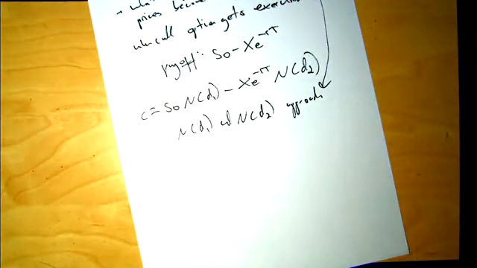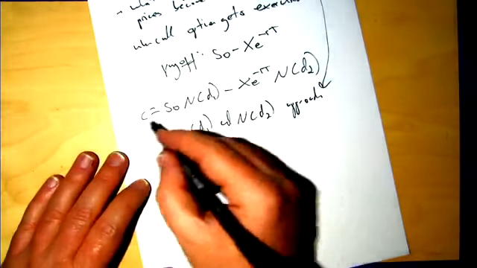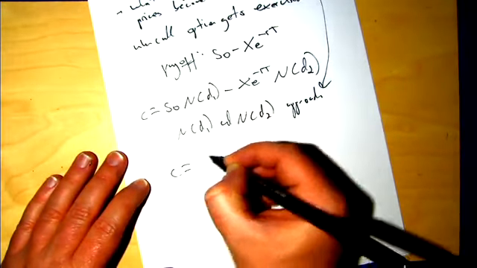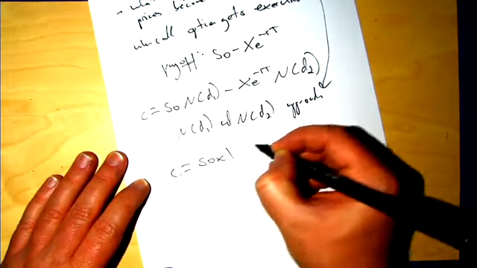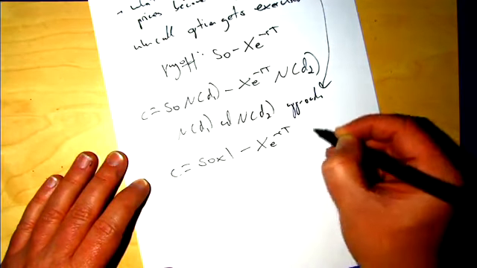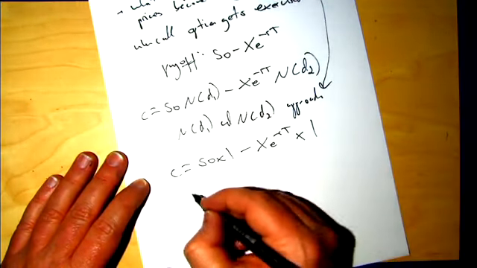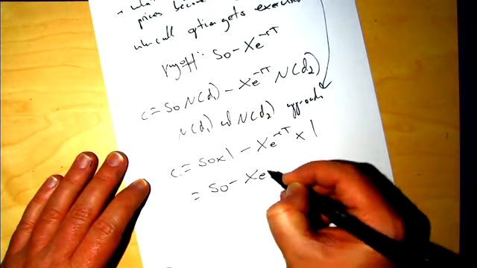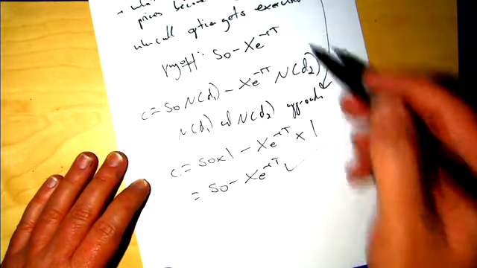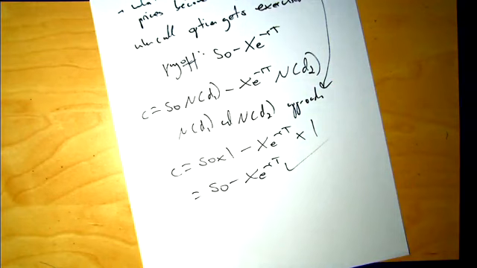I'm getting high values for d1 and d2. So let's plug that in here. C equals S0 times 1 minus Xe^(-rT) times 1, which gives me S0 minus Xe^(-rT), which is this payoff here. So it looks good for call options when prices get very high.